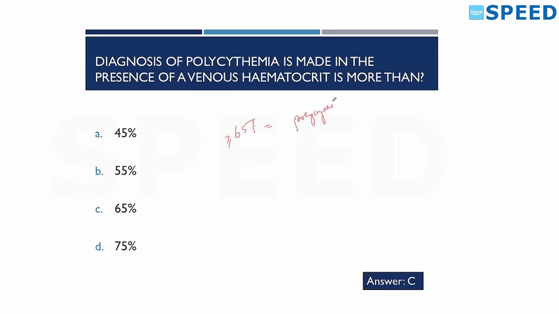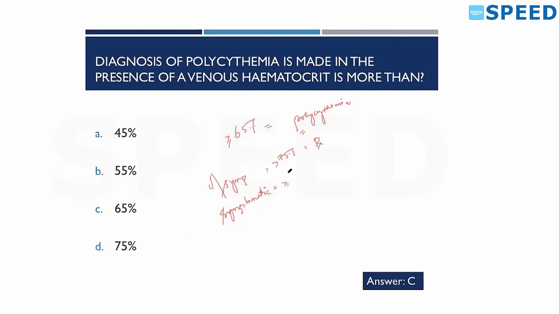Now remember, in polycythemia the general definition is 65%, but there are two terminologies. One is asymptomatic polycythemia, the other one is symptomatic polycythemia. The definition of symptomatic and asymptomatic polycythemia is made slightly different, because if you have an asymptomatic patient with a PCV or a hematocrit value of more than 75%, I will consider treatment of this person.